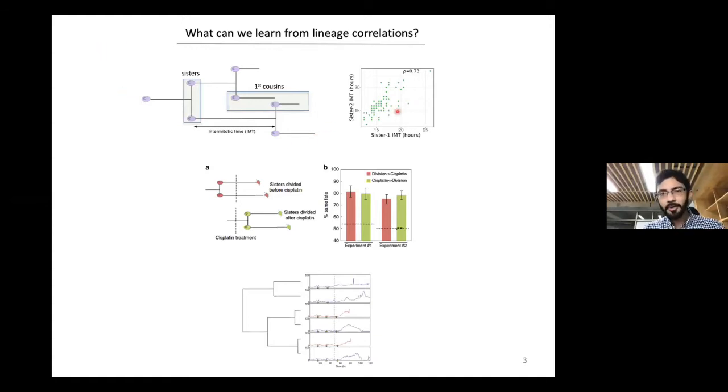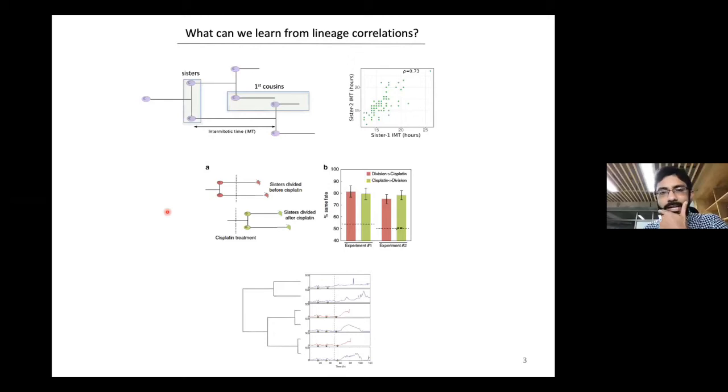So today what I'm going to do is give you one example of this kind of work. So an example drawn from this top level kind of picture, where we are looking at correlations in the intermitotic times, okay? And the rest, hopefully someday in the future, I'll talk more about the rest of the work, okay?